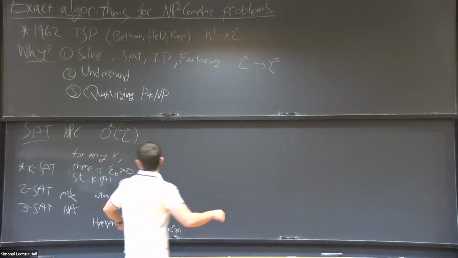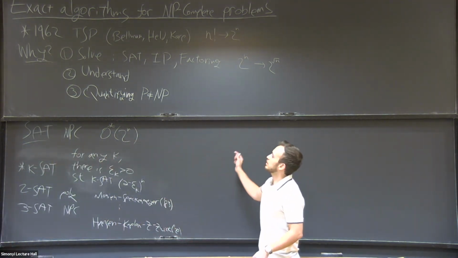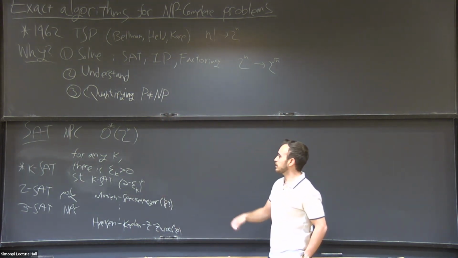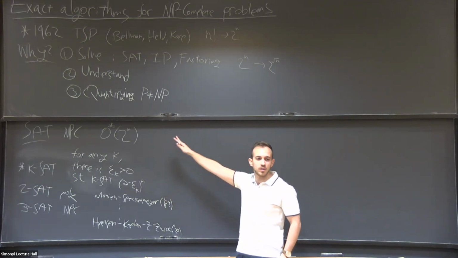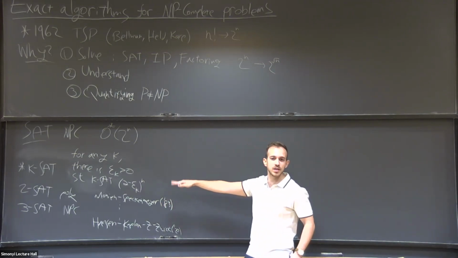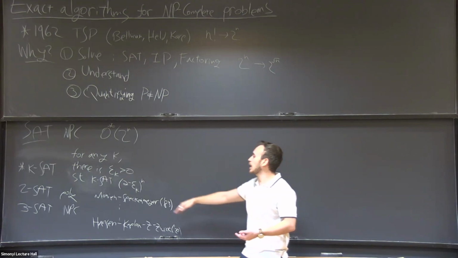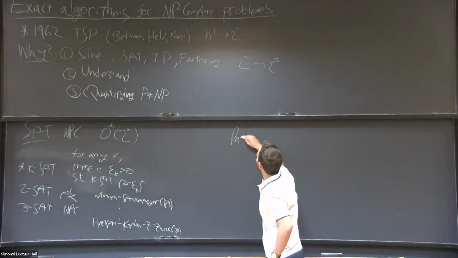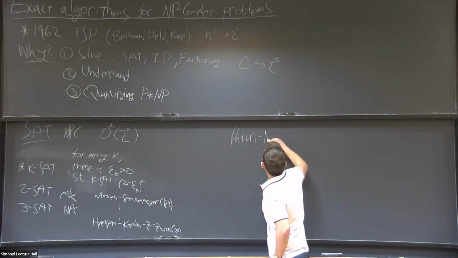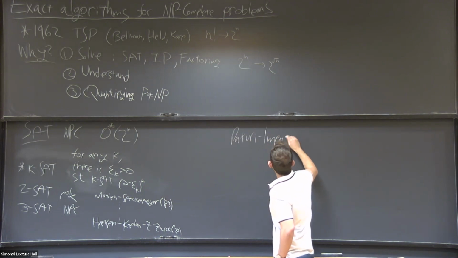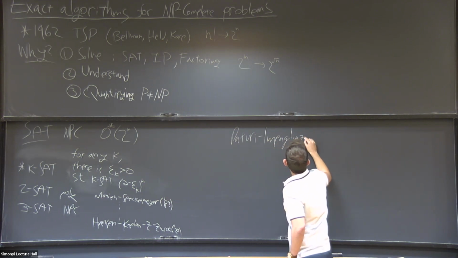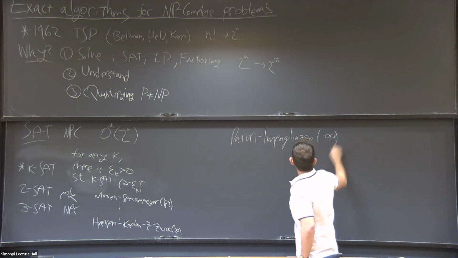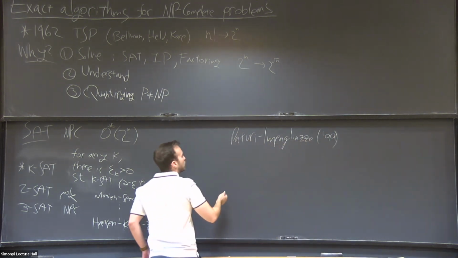And the reason I mentioned this problem in connection with quantifying P versus NP is that people, because of all of this work on exact algorithms for SAT, made several conjectures about how these things should behave. I think this is due to Impagliazzo and Paturi in '99, if I'm not mistaken. They were the first to introduce two conjectures.